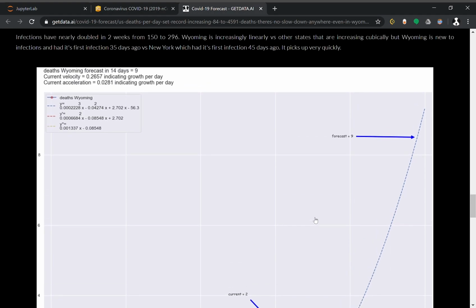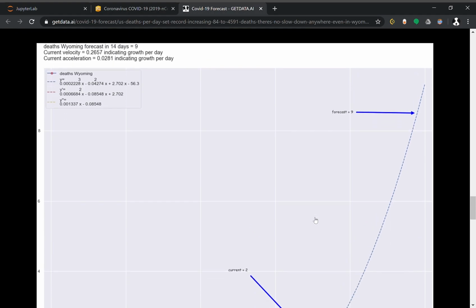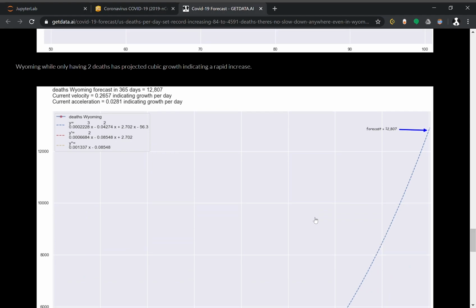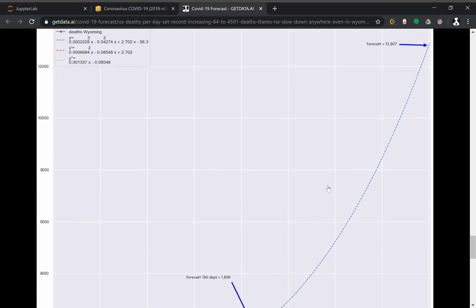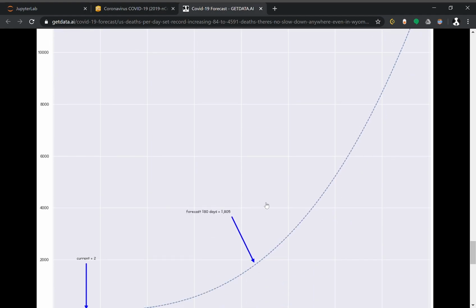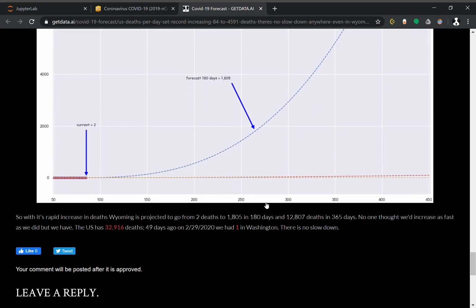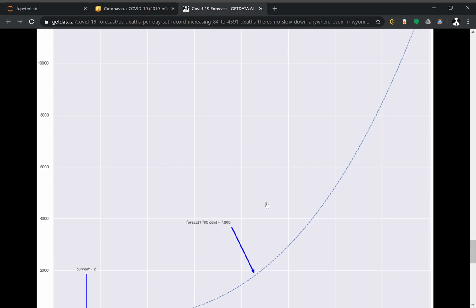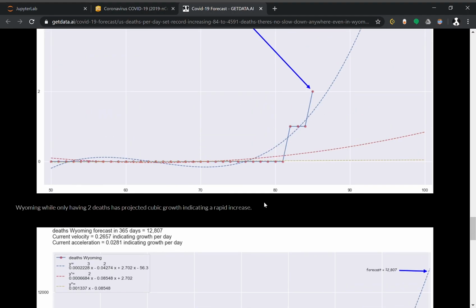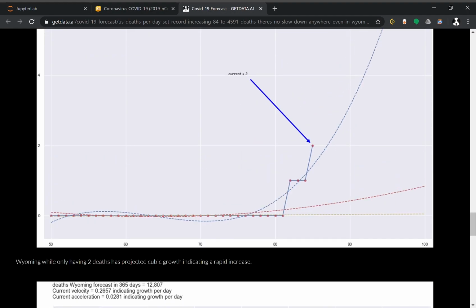Wyoming has deaths. Wyoming is forecasting to have more deaths. Okay, and we're talking about 12,000 in a year, 1,800 in 6 months. So there's no slowdown, okay, and I can assure you that. Now let me show you what a slowdown looks like. Okay.